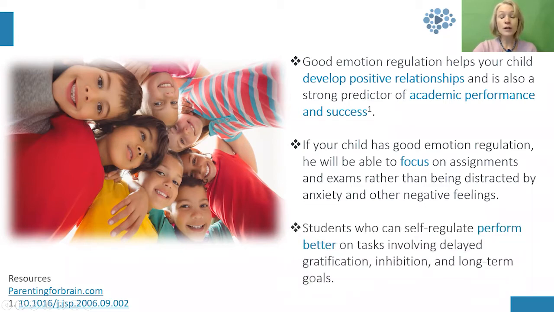Also, students who can self-regulate actually perform better in tasks that involve inhibitory control, delayed gratification, and long-term goals. If you were at our webinar a couple of weeks ago, we talked about the ability to delay gratification and how that's closely related to inhibitory control.